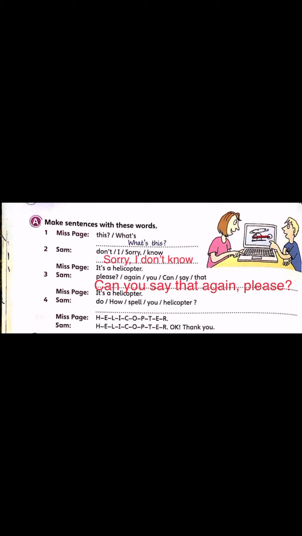So we start with the capital letter, which is can, the word can, which is the auxiliary. Then we have subject, verb, and the object. And since it's a request, we have to add please to make it more polite. So, can you say that again, please?